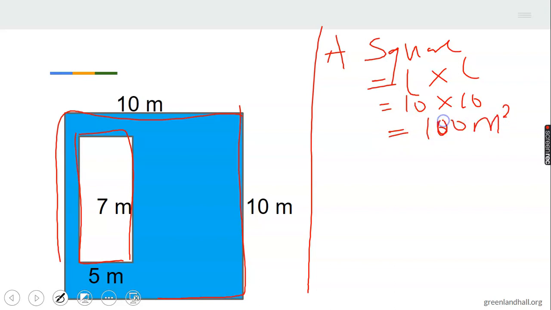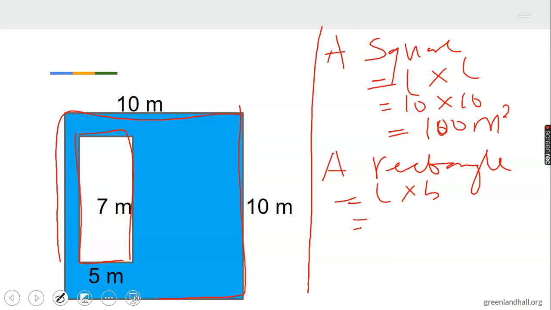Don't forget, you can see that it is in meter. Now, the second shape that you cut out, that is what? Rectangle. That is area of rectangle equals to length times breadth, which is 7 times 5 equals to 35 meters square.